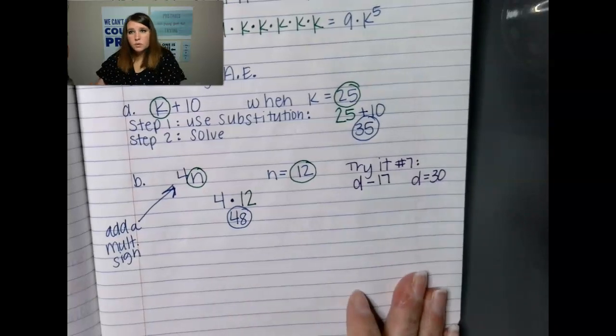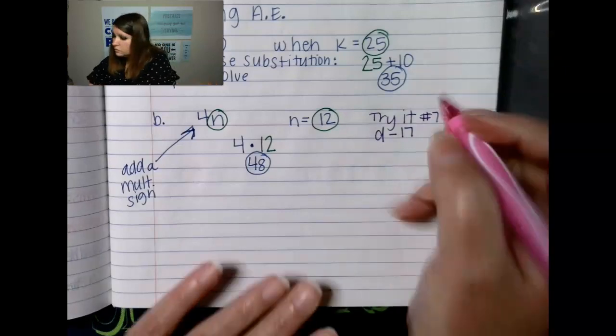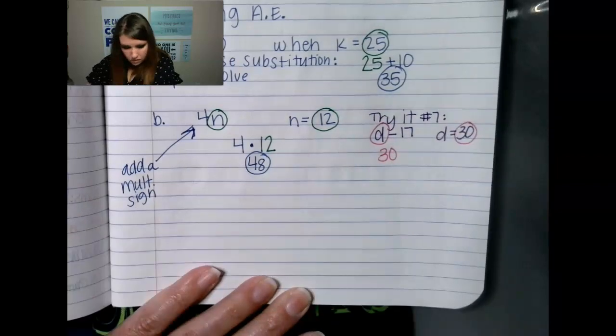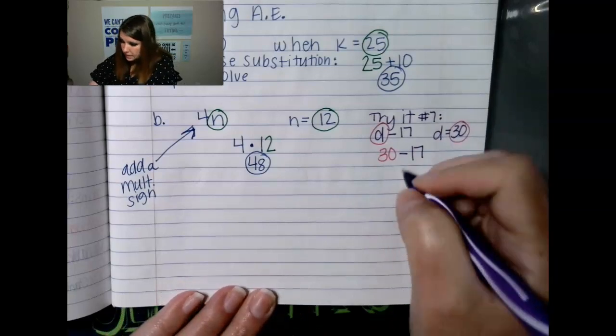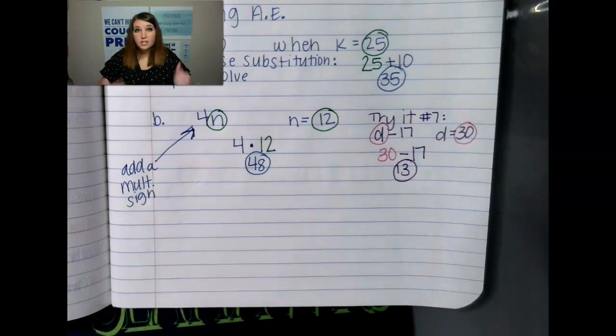Hit pause so you don't hear me solving it and so that you can check your work. 30 minus 17, and 30 minus 17 gives me 13. So that one equals 13. How did you do? Again, substitute and solve. That's all you're doing. Plug in the letter. So there's a letter, you stick in the number that it tells you to use. It'll tell you what the value is.